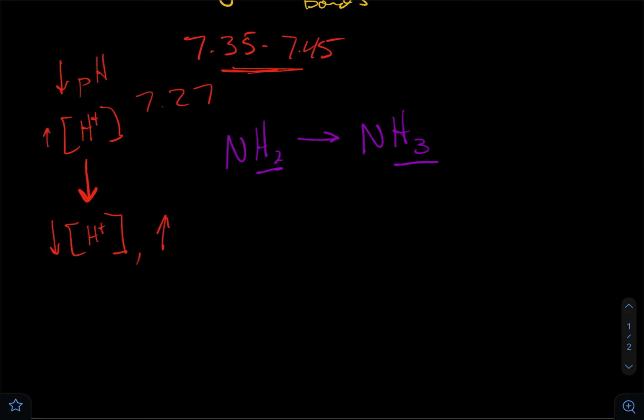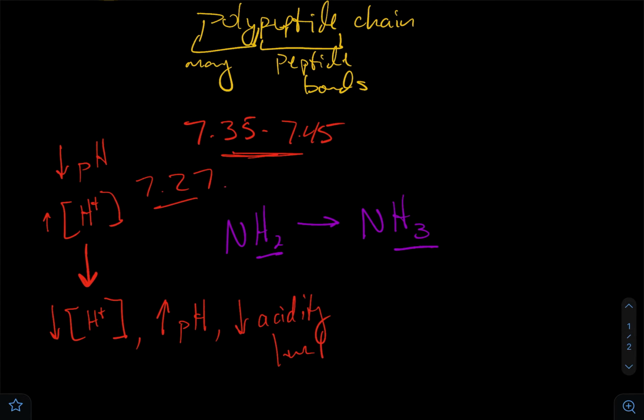And whenever we did that, we thus increased our pH, and thus we decreased our acidity level, right? So we've gone from 7.27, say now we went back up to 7.41, right? So now again, we're in that nice homeostatic range, okay? And again, this here was opposite of what we started with here.